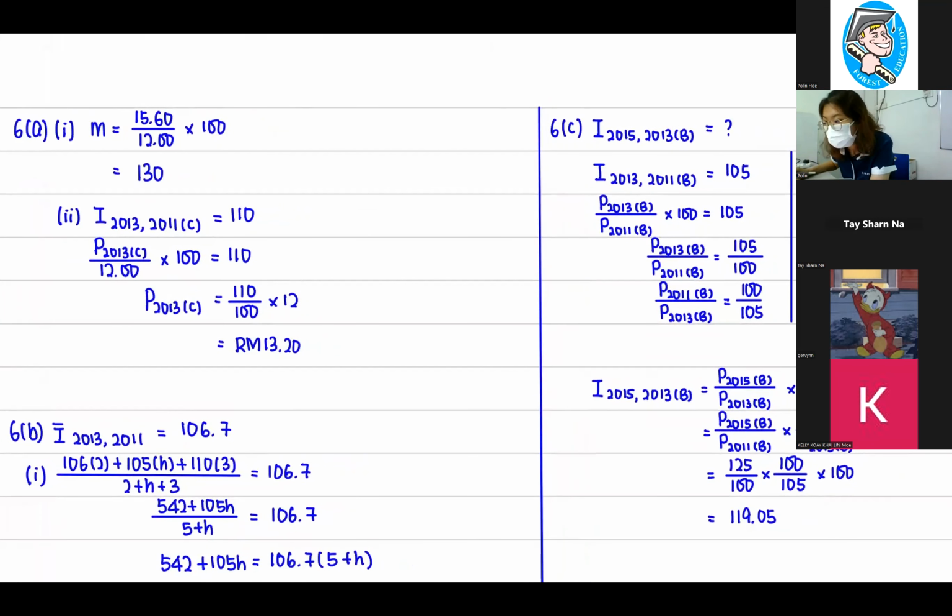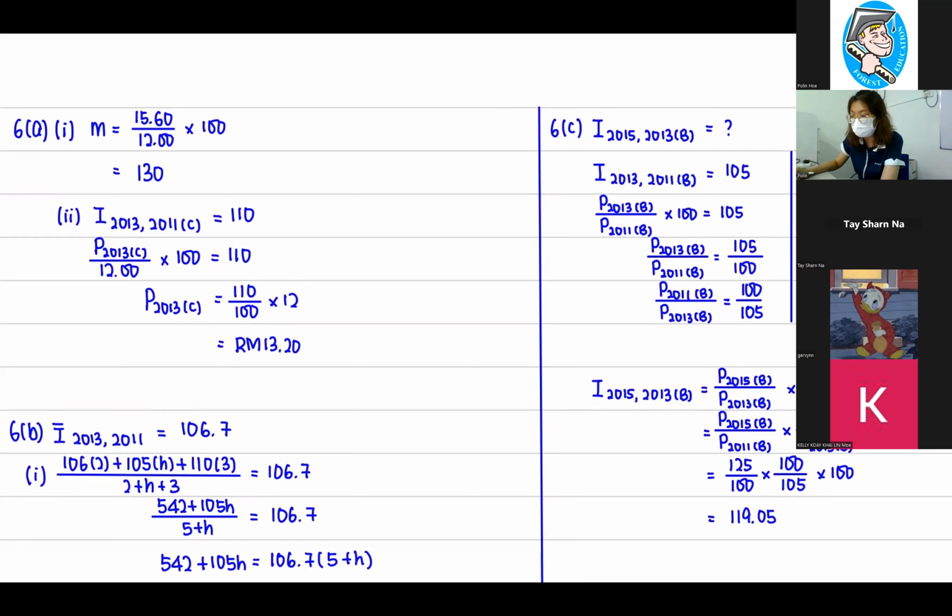The table shows the price indices in the year 2013 and 2015 based on the year 2011. The price of material C in 2011, look at your question carefully, material C in 2011 is 12 ringgit, and the price of material C in 2015 is 15 ringgit and 60 cents.